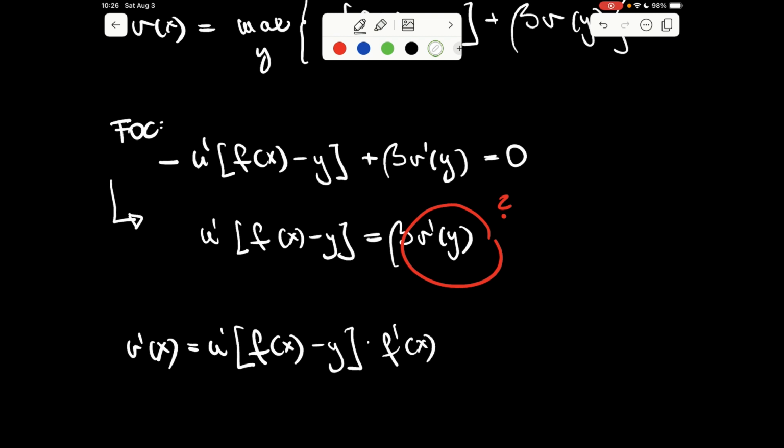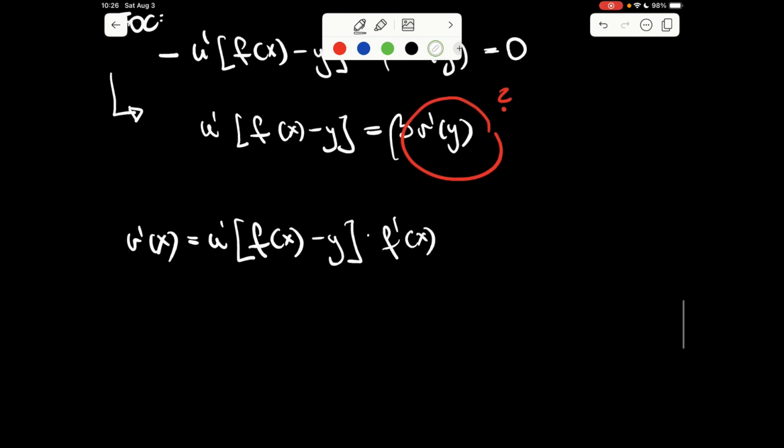This is the envelope condition, which we use extensively in dynamic programming, and as it holds for any x, it applies to y too.